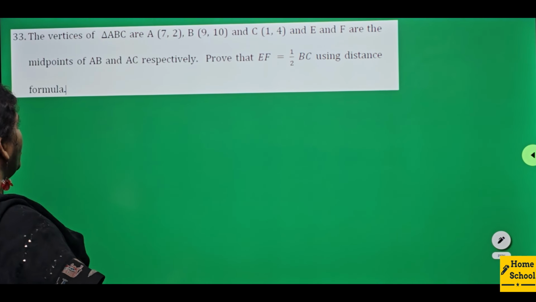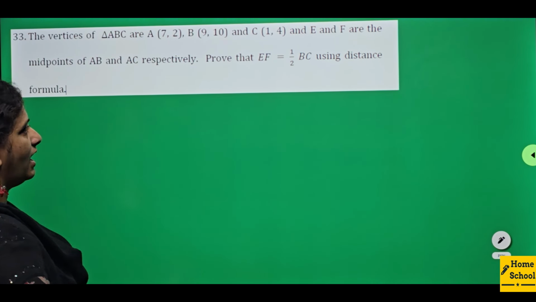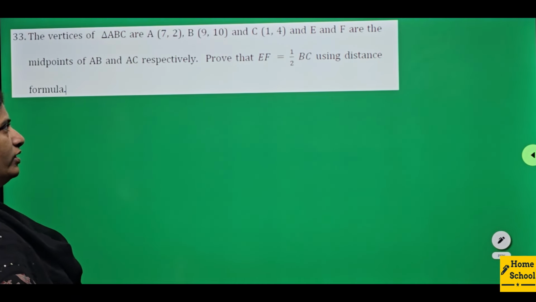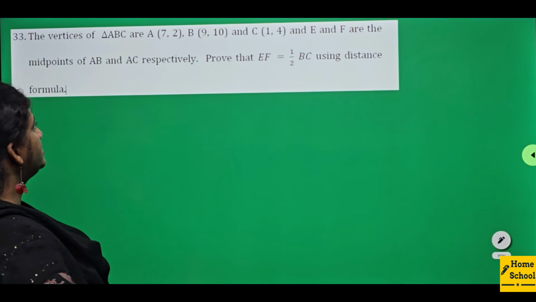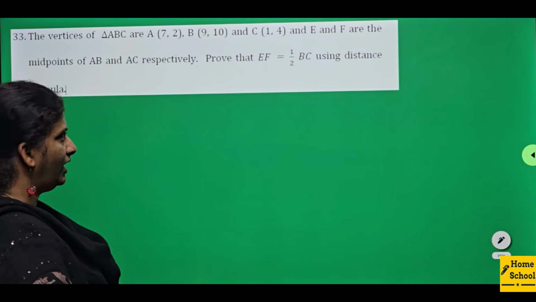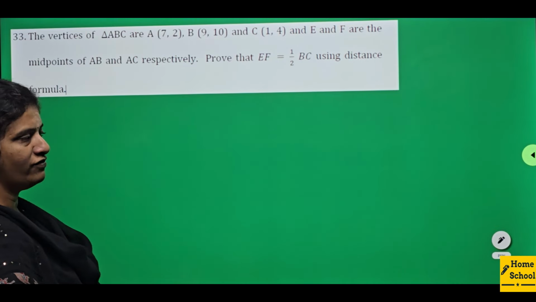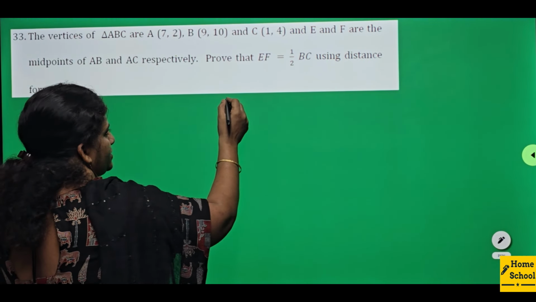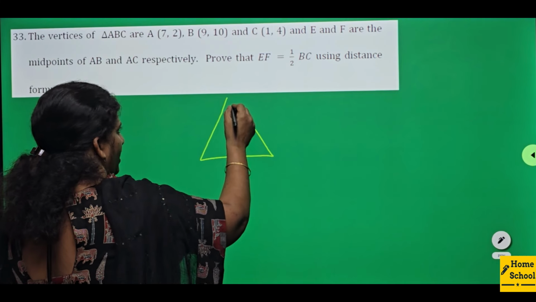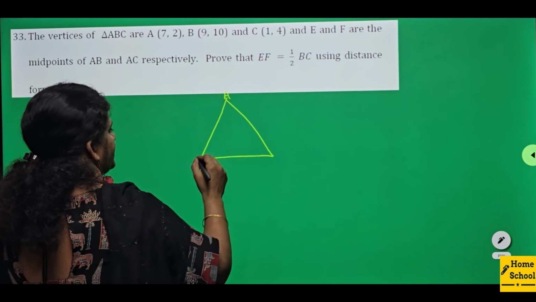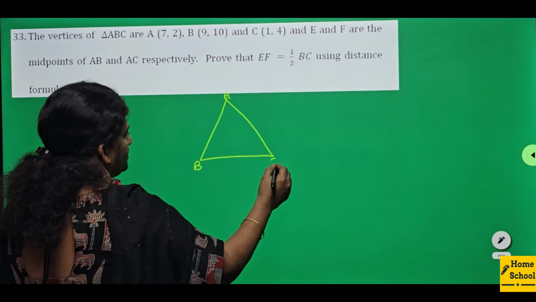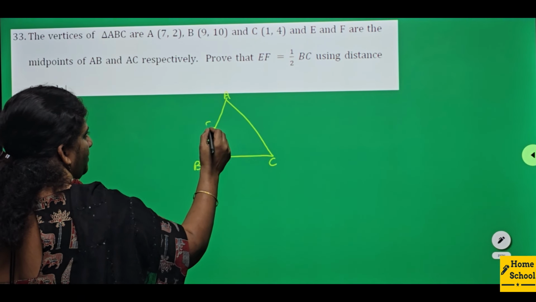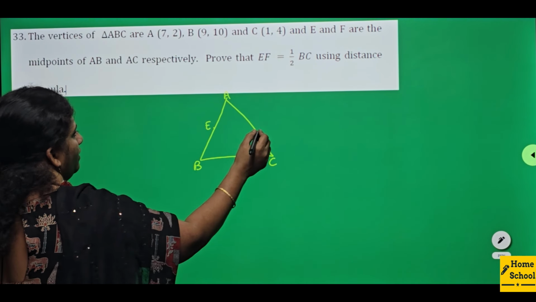33rd one. The vertices of triangle ABC are A (7, 2), B (9, 10) and C (1, 4), and E and F are the midpoints of AB and AC respectively. Prove that EF is equal to half of BC using distance formula. So let us draw a triangle. Mark the coordinates A, B, C. E is midpoint of AB.